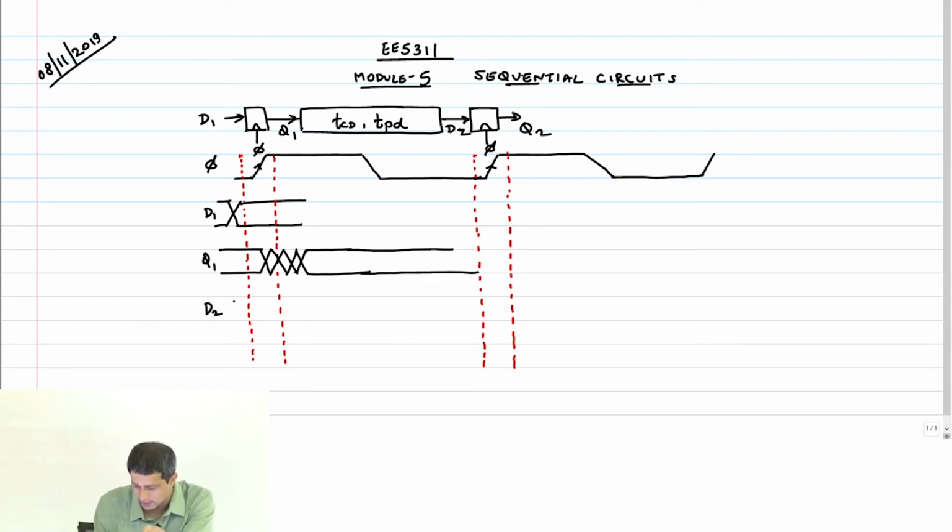D2: what happens to D2? It starts changing after some contamination delay and then settles after the propagation delay again. So if you look at this, remember this change can happen right here. Let me draw this more or less to scale.